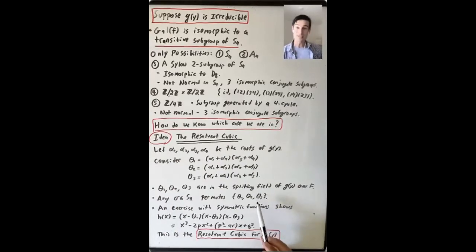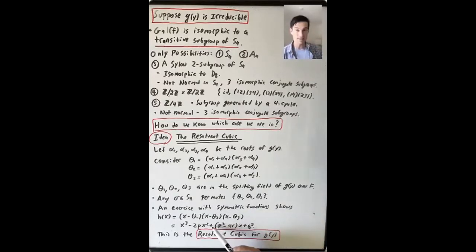Okay, so using this observation, you can consider the polynomial in x whose roots are theta 1, theta 2, and theta 3. And you can see how to express the coefficients of this polynomial in terms of the coefficients of the polynomial g of y.